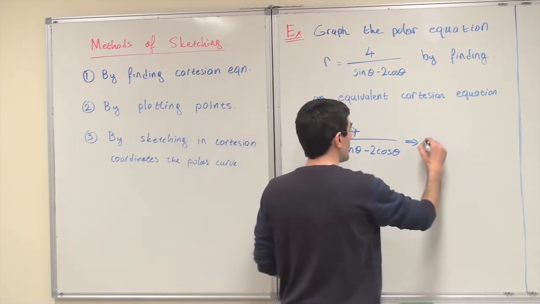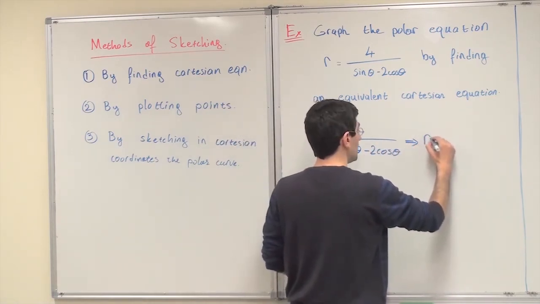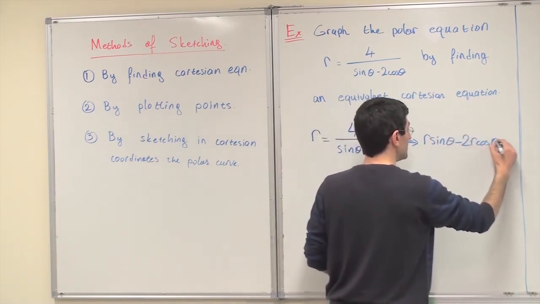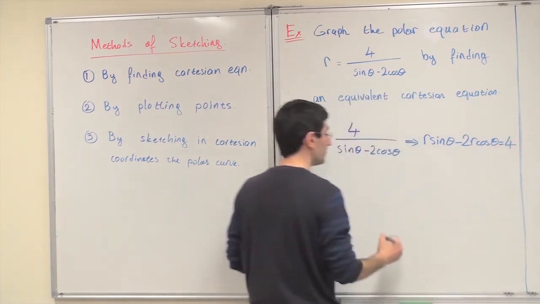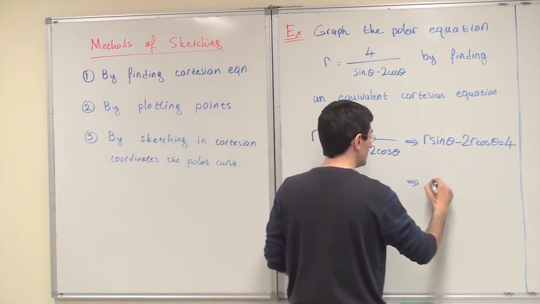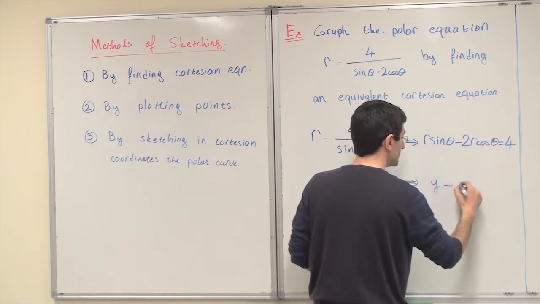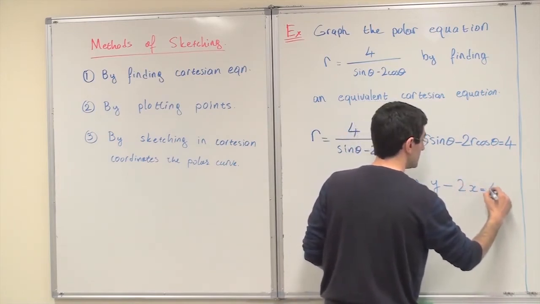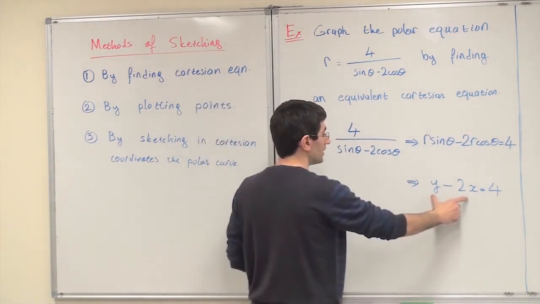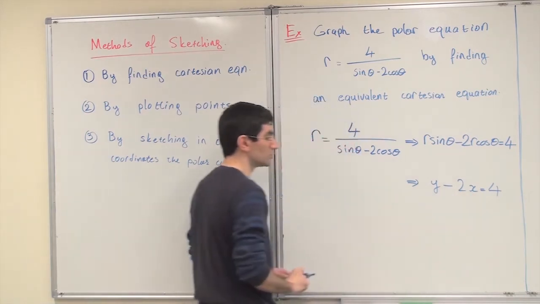So to do so, I rewrite this polar equation as follows: r sine theta minus 2r cosine theta is equal to 4. And then I substitute for r sine theta the y, and I substitute for r cosine theta the x. So, an equivalent Cartesian equation to this polar equation is y minus 2x equals 4.